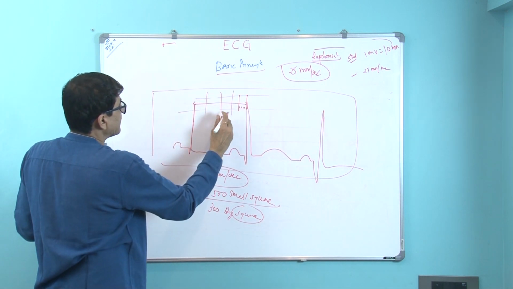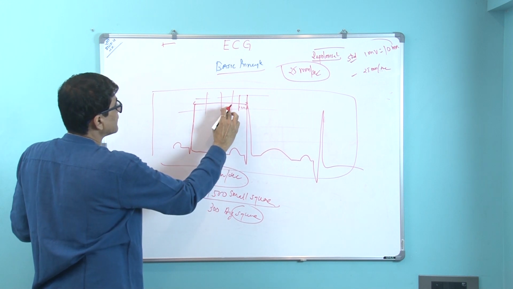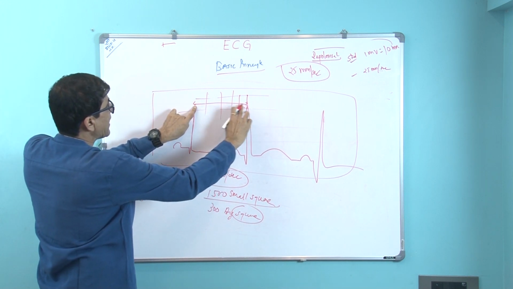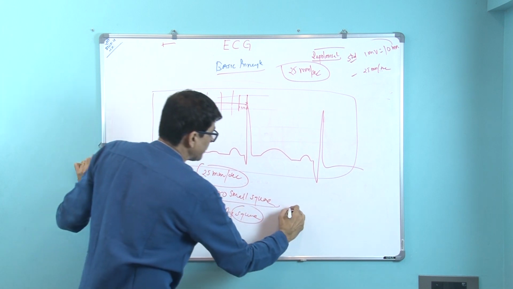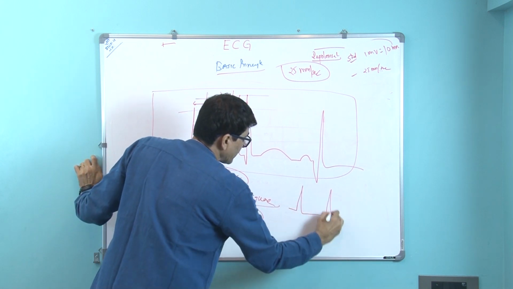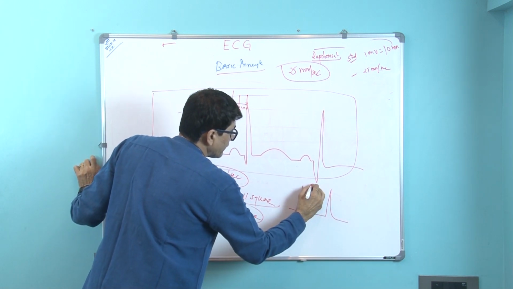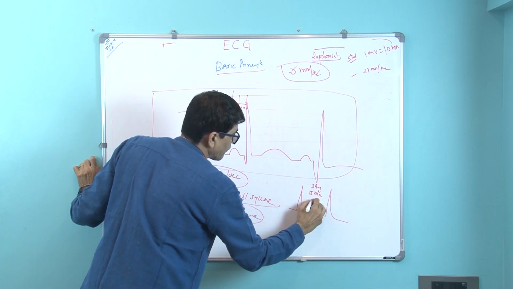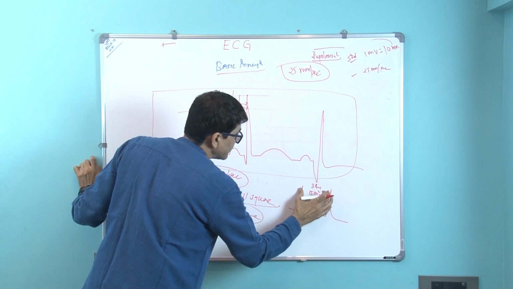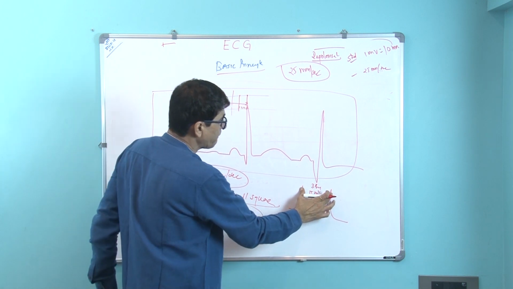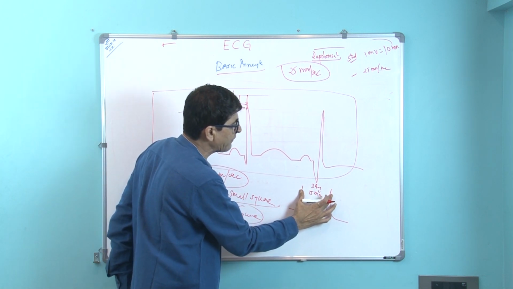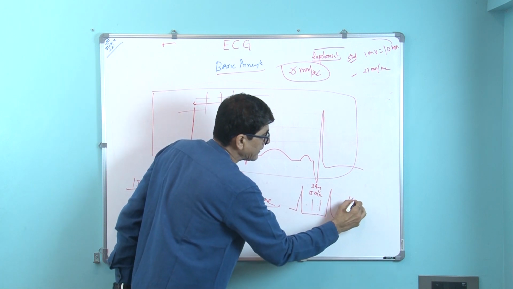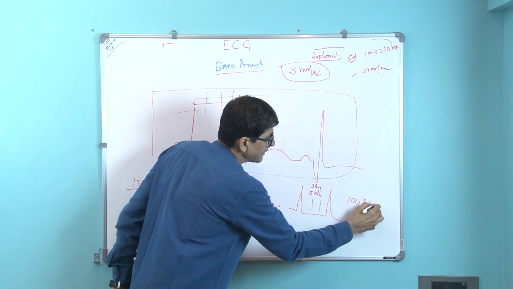Suppose the distance between two R waves is 3 big squares or 15 millimeter: 5, 10, 15. This distance is 15. So 1500 divided by 15 is 100 beats per minute.